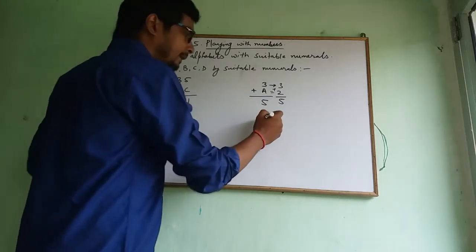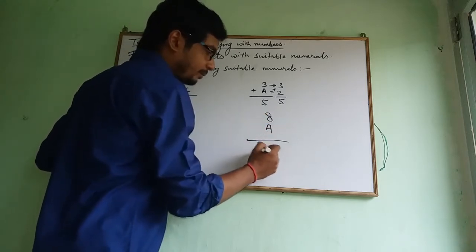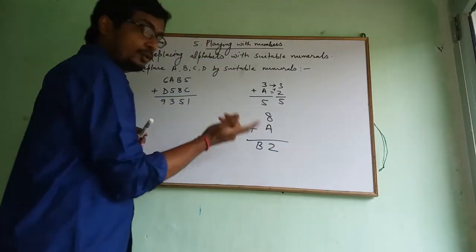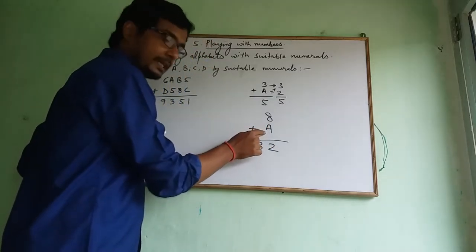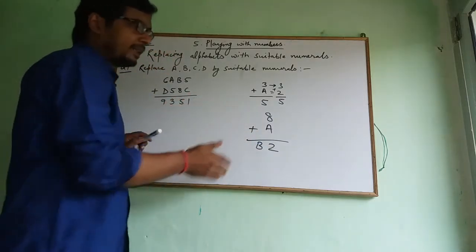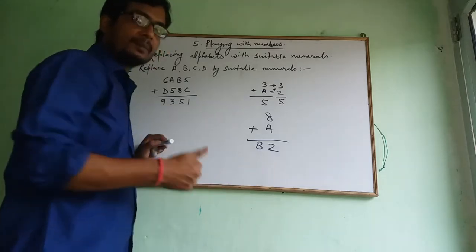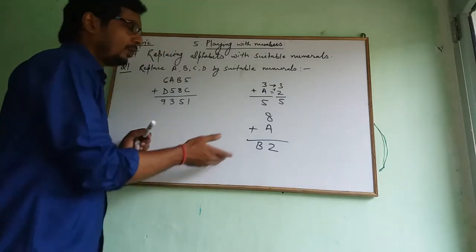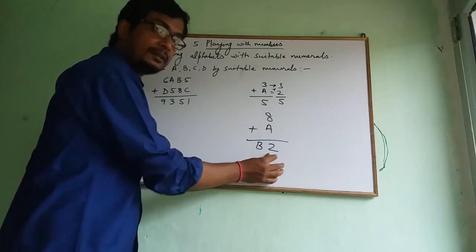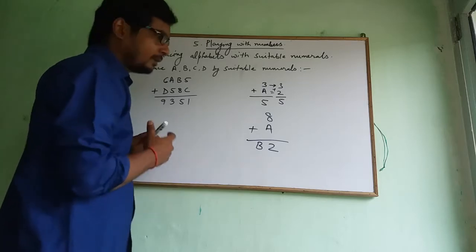Let's take one more question. Now if I add 8 with A, I will get B2. You can see here that I have two values. This one is A and this one is B. Now I have to replace both A and B with suitable numerals so that my answer will be justified. What must be added with 8 to get the unit digit as 2 and the tens digit as B?